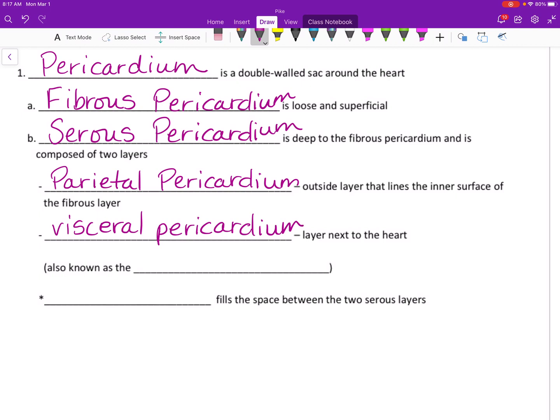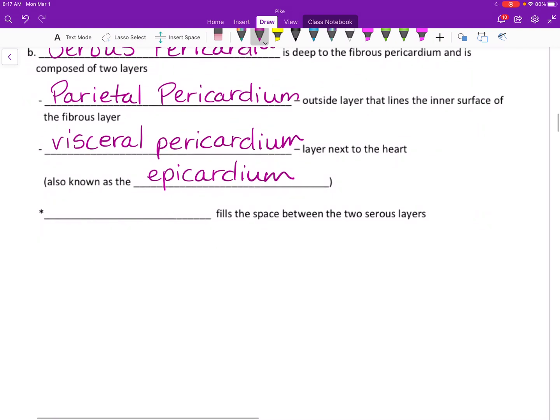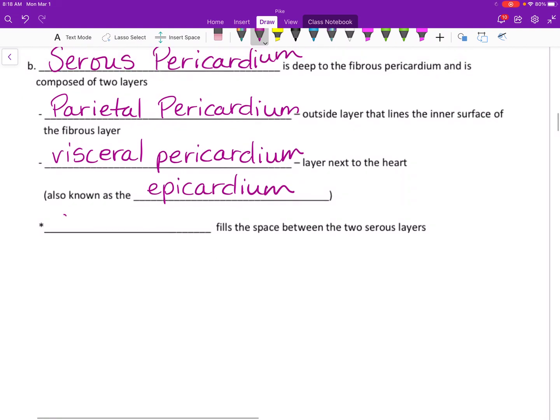This layer is also known as the epicardium. So it's also known as the outermost layer of the heart wall, and I'll show you that in a picture. And then we know if you have serous layers in between those two parietal and visceral layers, you have serous fluid that lubricates movement in between those layers.